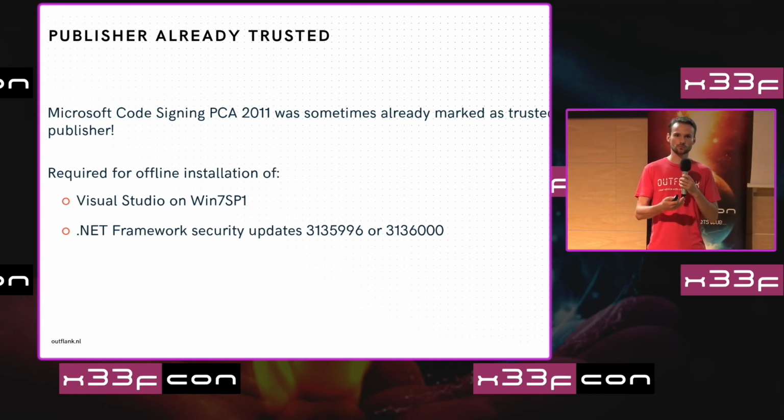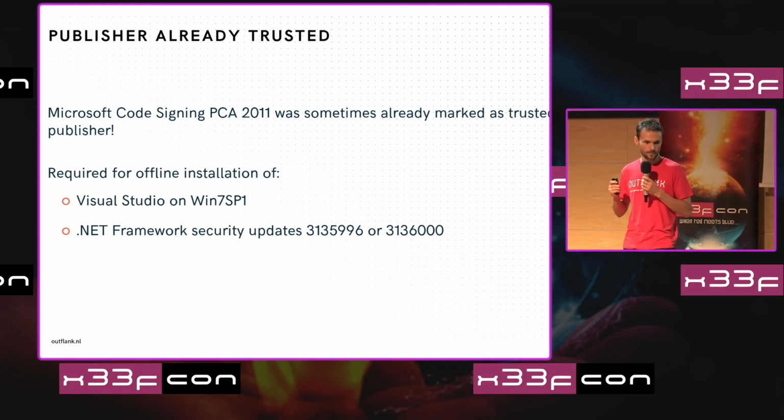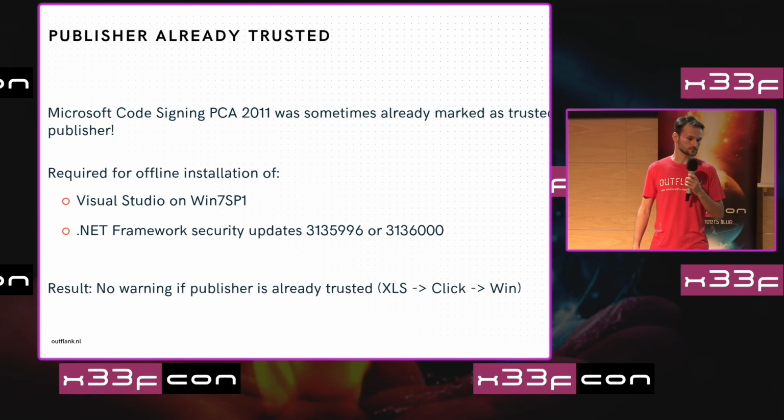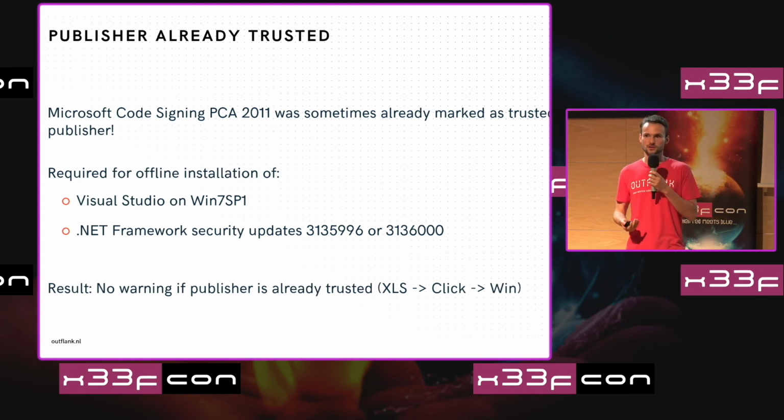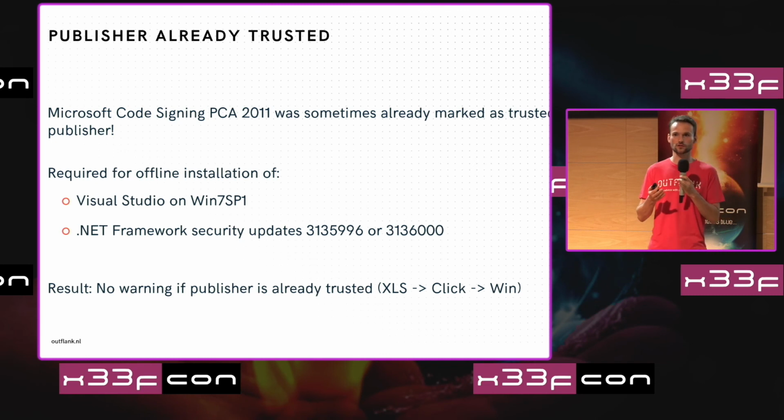So there were also some misconfigurations found at these clients. And these misconfigurations led to a very dangerous situation, because if I would make an XLS, then it would not be possible, or it would be very difficult, for an end user to see if there's macros enabled or not. Because once you double click, you don't get a warning, and it just opens.